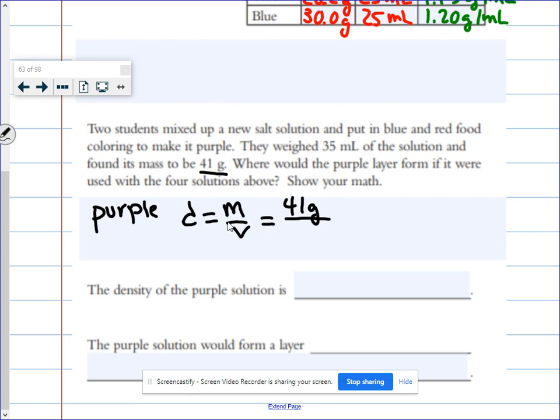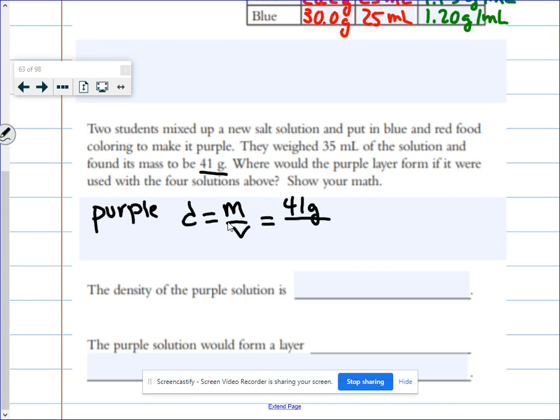And it won't matter because these are just ratios. I could have measured 50 milliliters of all those solutions and I would still end up with the same density. I could measure 100 milliliters of all of those solutions and I would still end up with the same density. Density is a ratio of those numbers. So you basically are just getting their smallest form when you divide them. All right. So my initial mass and volume really does not matter.